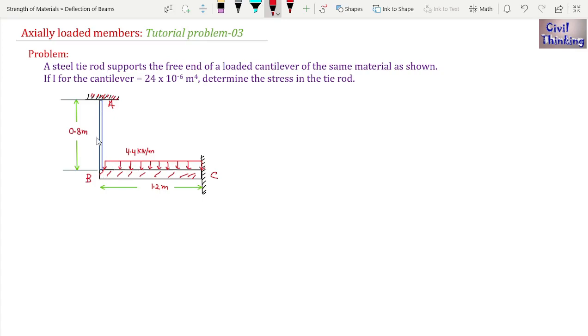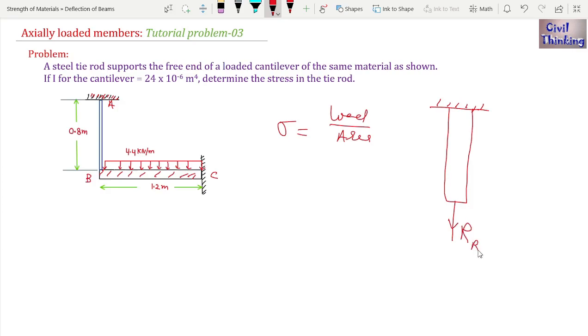Now we have to find the stress in the tie rod. We know stress, let me call it sigma, is load divided by cross-sectional area. Now we have to find these two things. In AB, let me call the reaction here RB, because the reaction at C is like this, and here will be another reaction at B. The reaction at B will pass through AB as the axial load.